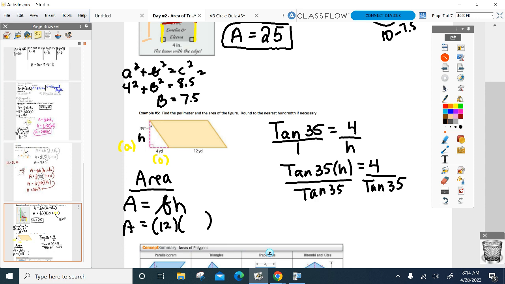No rounding, right? No rounding. Plug that number in for your height.